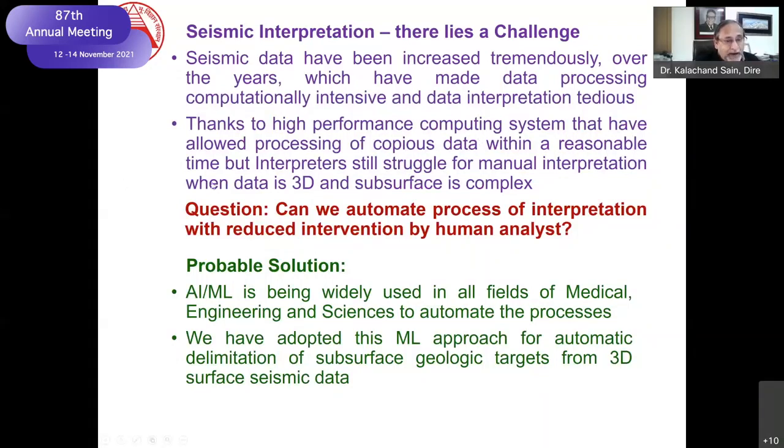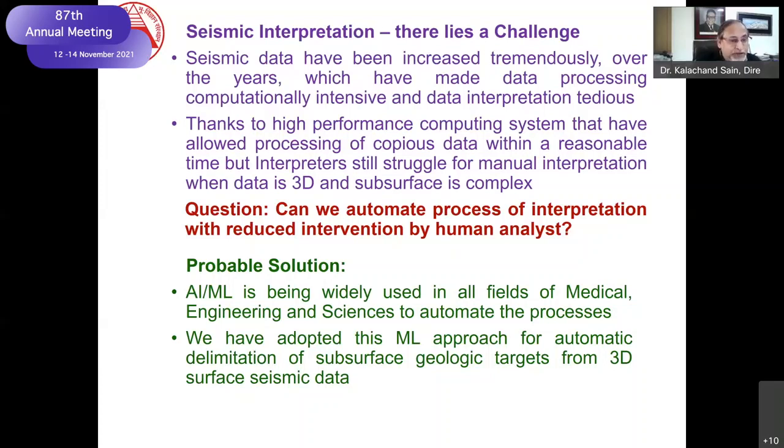But to date, whenever we produce the image, we interpret those images manually, and the interpreter struggles with manual interpretation, particularly when the volume of data becomes very large and the subsurface becomes very complex. So there lies a challenge. Acquisition, no issue; processing, no issue. But there lies a great challenge in the interpretation of seismic data to bring meaningful information about the subsurface from the surface data. So, is it possible to automate the process of interpretation?